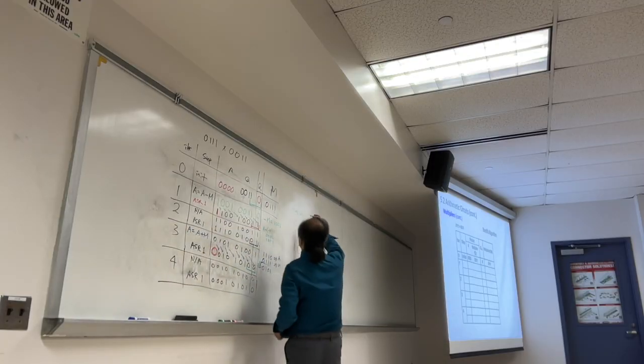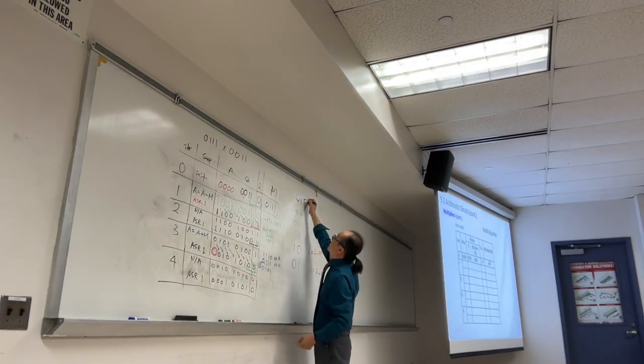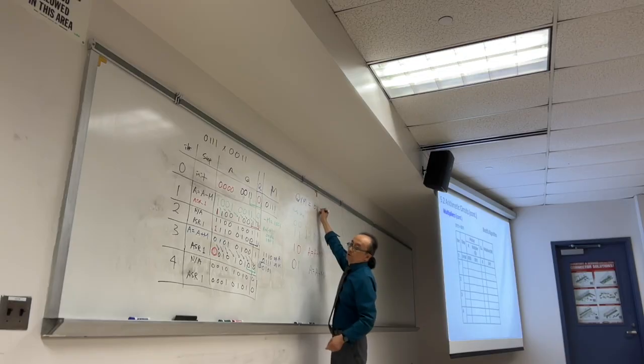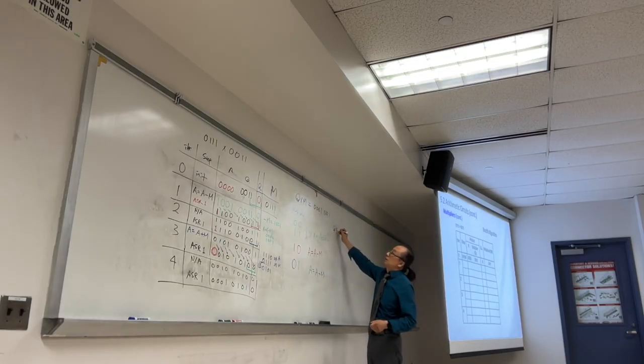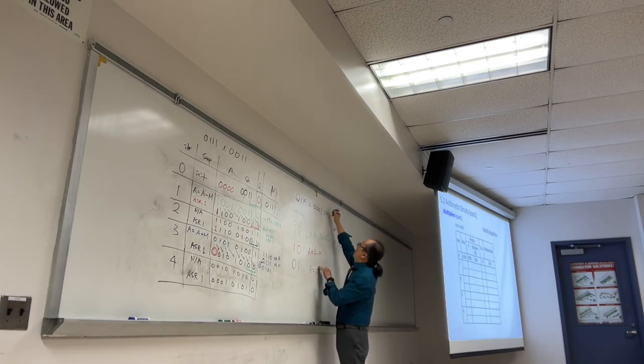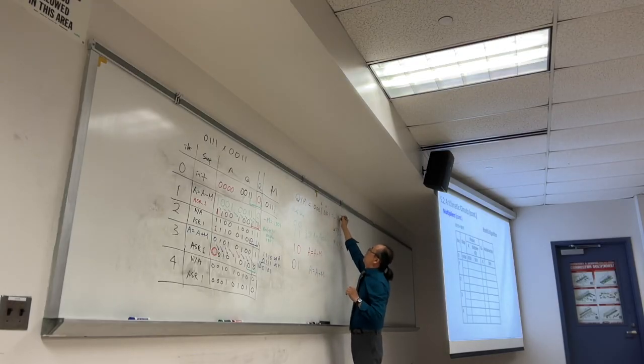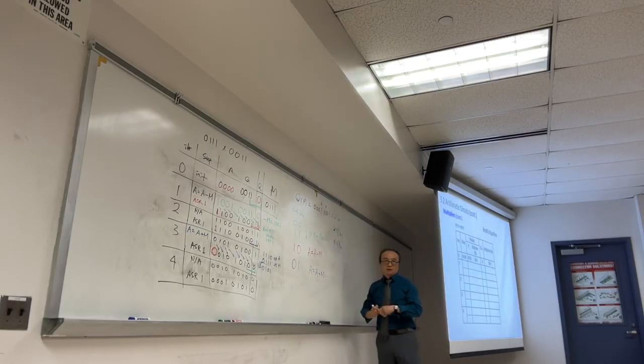So the result, Q times M, equals 0, 0, 0, 1, 0, 1, 0, 1. We have Q as 7. We have M as 3. And the result: 1, 2, 4, 8, 16, which is 21. That is the correct answer.